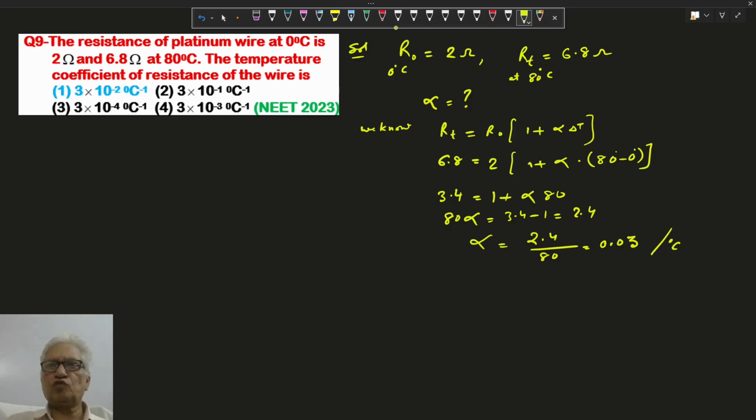So here option 1 is correct. It can also be written as 3 into 10 to the minus 2 per degree Celsius. And 1 is correct.